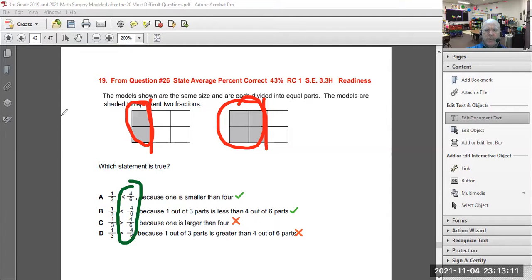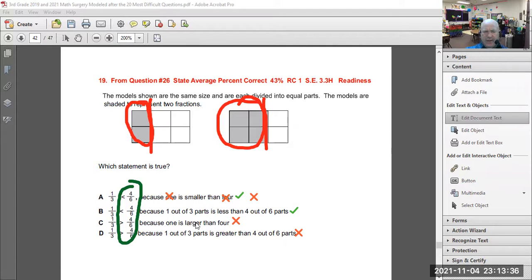So we're going to eliminate this letter because of this part right here. And so if you want to prove your answer, this does not make it true. When you're looking at fractions, it has to be part to whole.